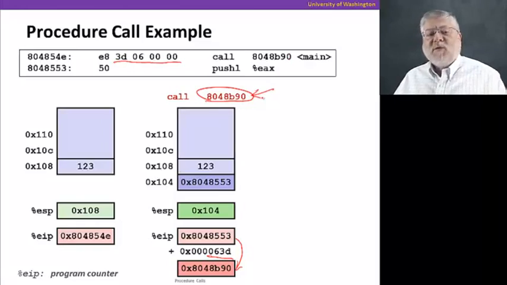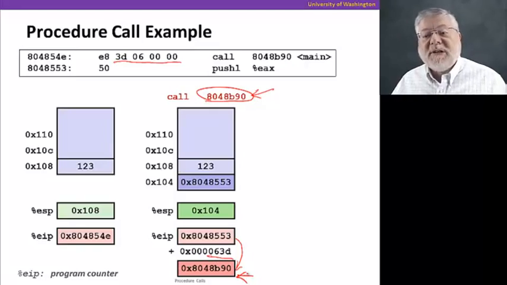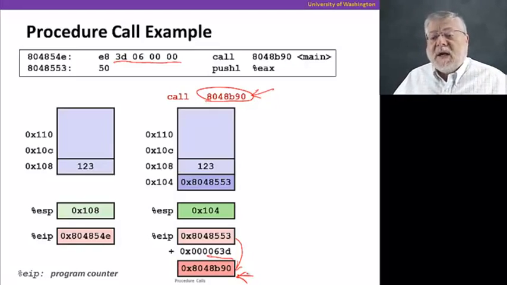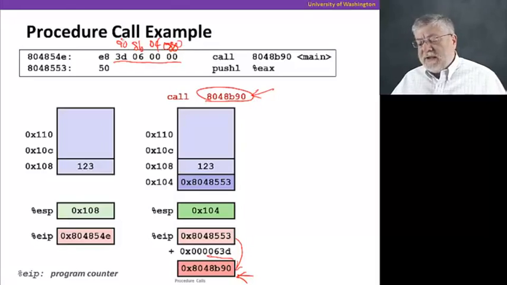Okay. Now, why didn't we just put this address directly in the instruction? There was room there to fit that. We could have made this be 08048B90. But we didn't do that.